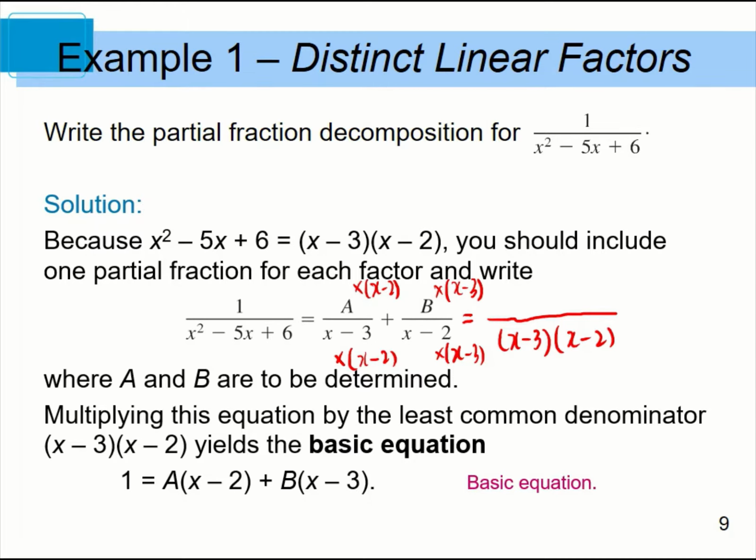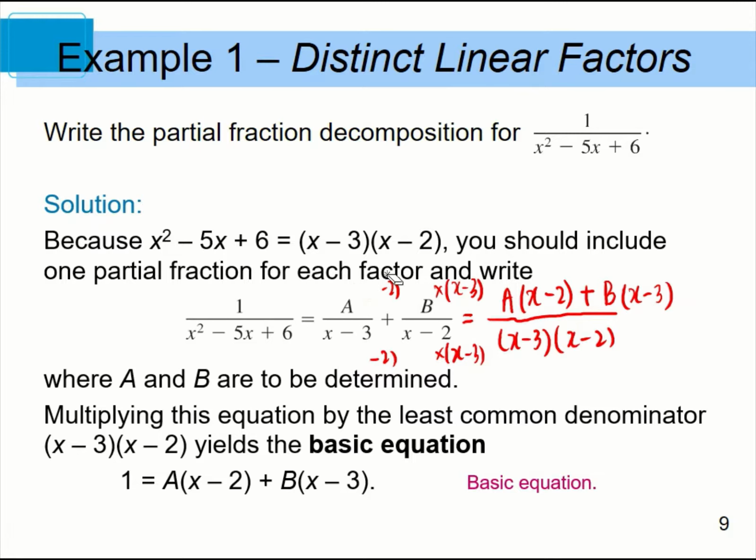So we have A times (x minus 2) plus B times (x minus 3).